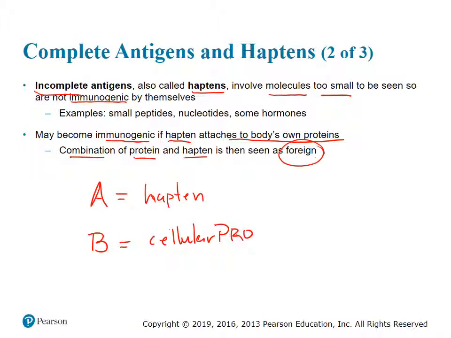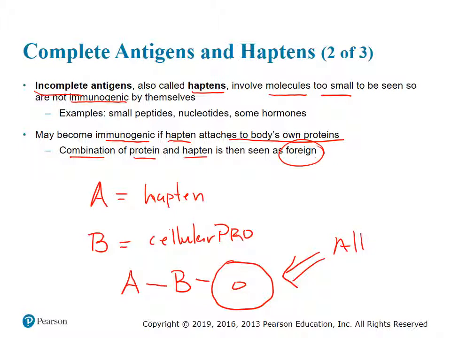In our example, when we get A into our body and the surface of our cell has B, that protein, and when they both bind, and the line here represents the bond between A and B, they bind together on the cell surface. Then when the immune system comes around and sees that on the surface of the cell, it says attack.